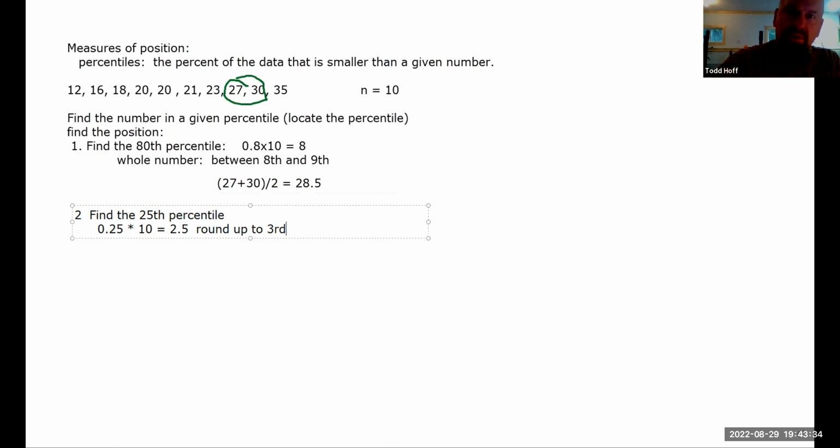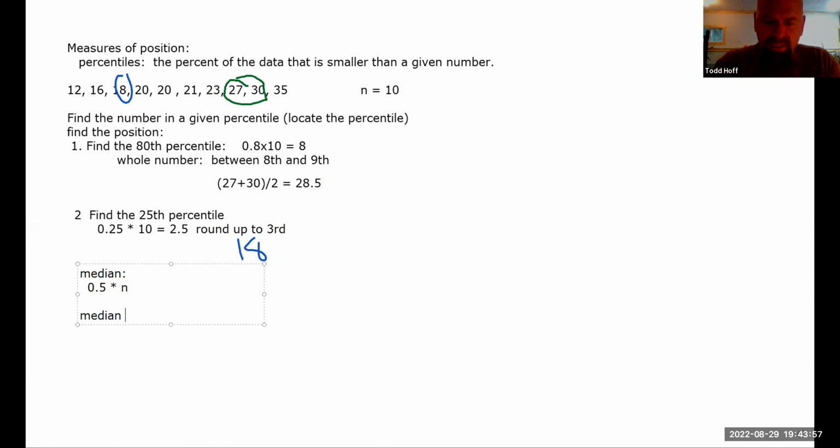Looking at my set of numbers up there, the third number is 18. So the 25th percentile is 18. Now you might notice the median was found by doing 0.5 times n. The median is just equal to the 50th percentile.